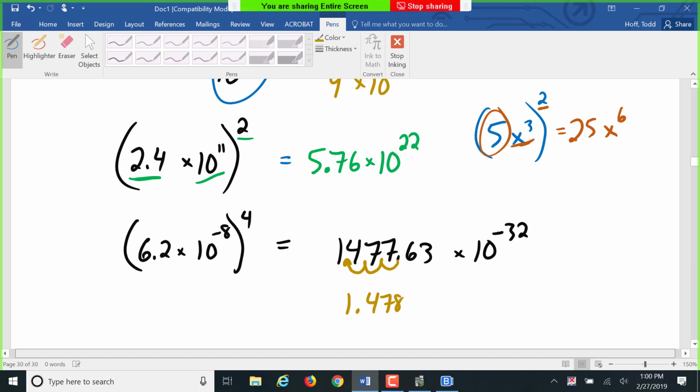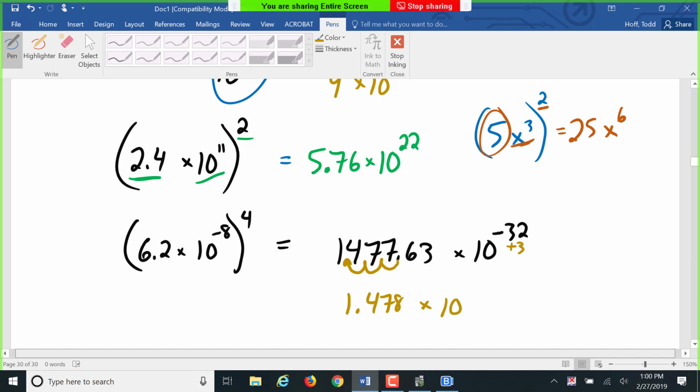Every movement of the decimal point is a power of 10. So the power of 10 has to change by 3. Did the number get bigger or smaller? It got smaller, right? 1400 down to 1. So the power gets larger.